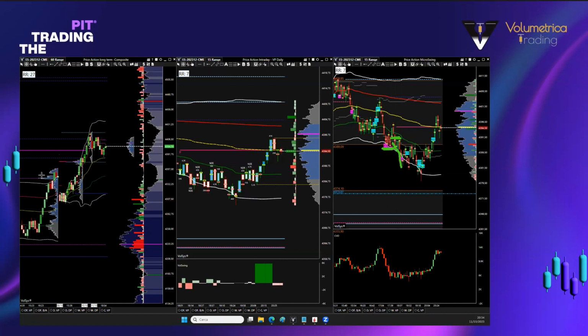What happens in the corresponding section of the CVD? Do we have a new low formed? Not at all. We have a double bottom here.